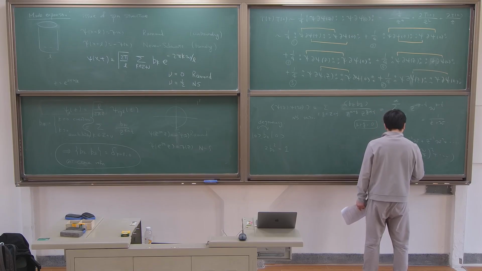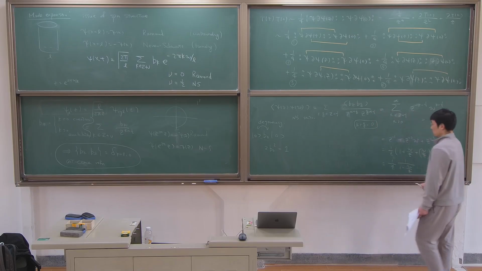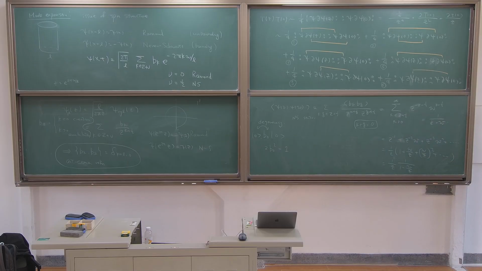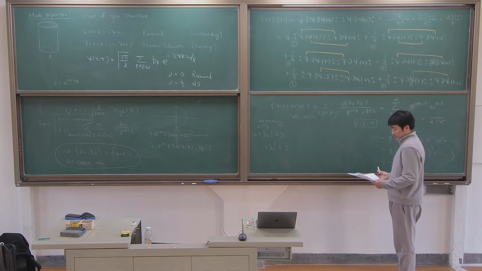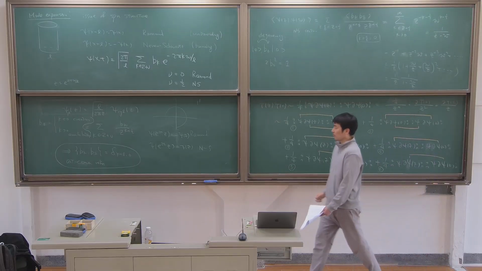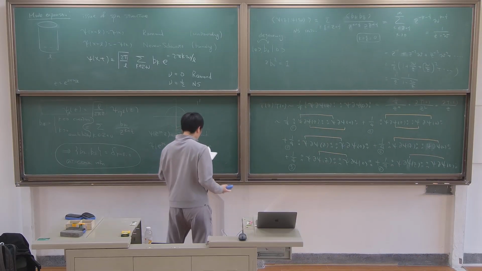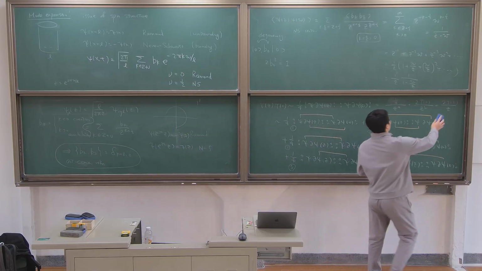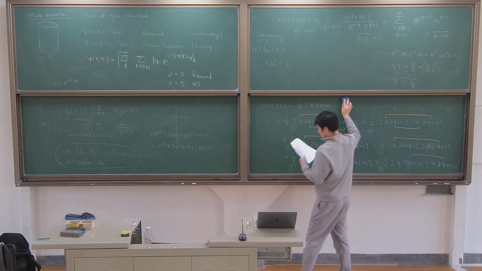If you expand k equal to 1/2, 3/2, 5/2, you get this kind of series, and if you sum it, you get this one. Fine. How about the Ramond sector? In the Ramond sector there is some issue globally, in fact.